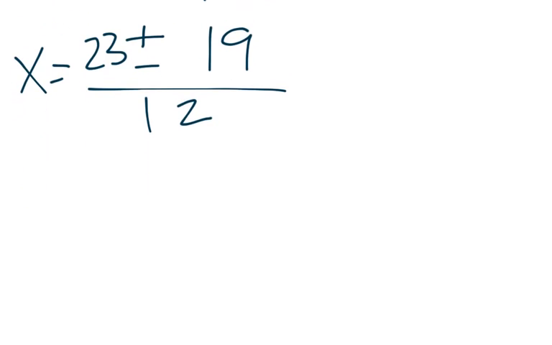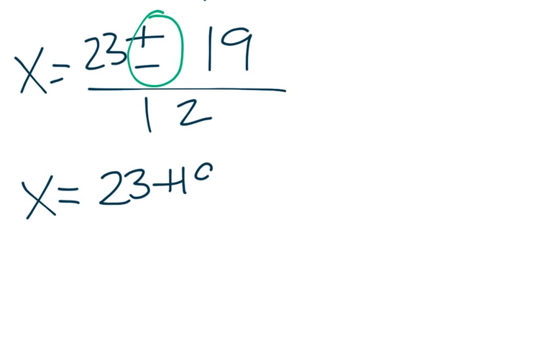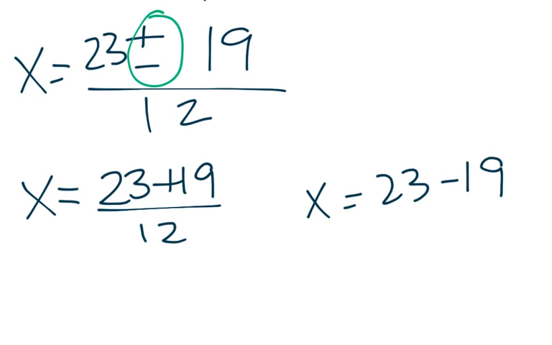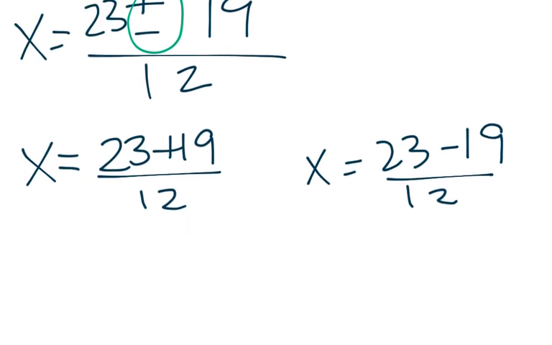Now we are going to take care of this plus or minus by separating these into two different equations. So we have x equals 23 plus 19 divided by 12, or x equals 23 minus 19 divided by 12. 23 plus 19 is 42.